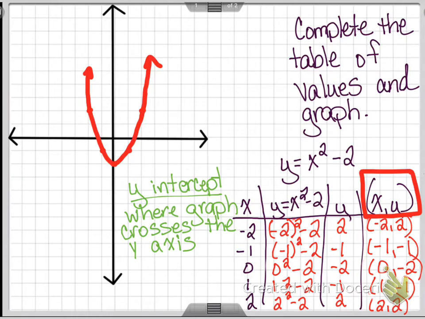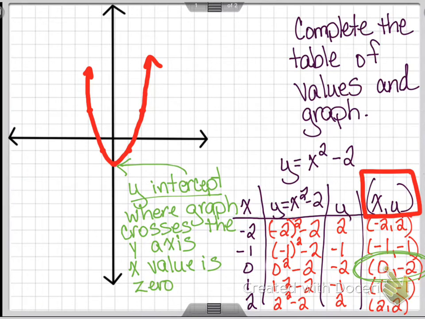Okay? So having a y-intercept is not something that's just for lines. It deals with anything. So here is our y-intercept. Right here. Now, this right here is also our y-intercept. What is my x value when I'm dealing with my y-intercept? 0. Okay? When my graph crosses the y-axis, my x value is 0.